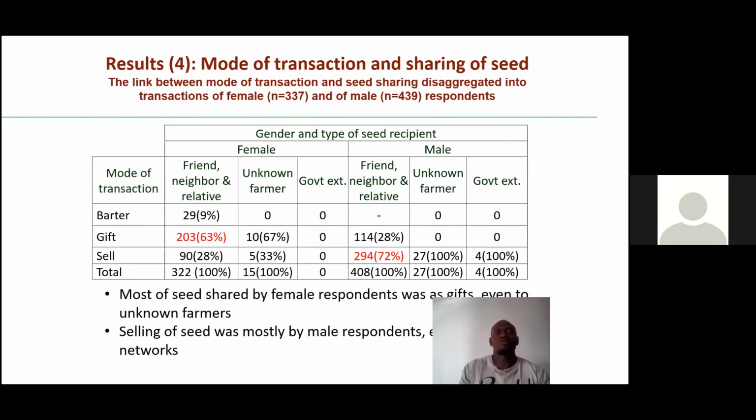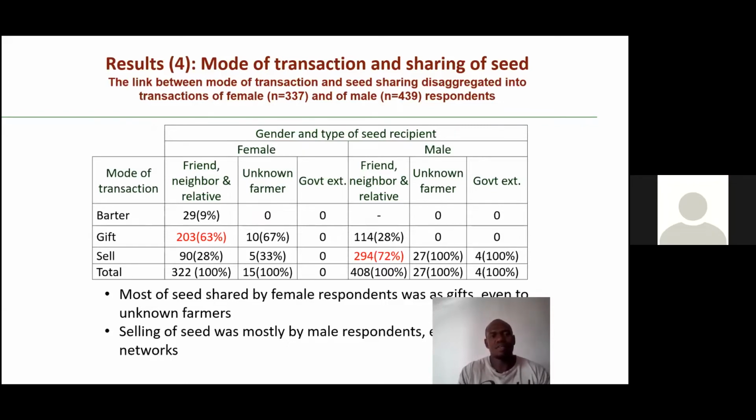And we also looked at whether during sharing they gifted the seed, sold through cash transactions, or exchanged with something. And we wanted to look at this in terms of the relationship of the respondent and the seed receiver.